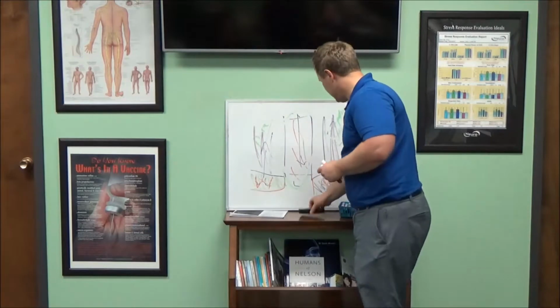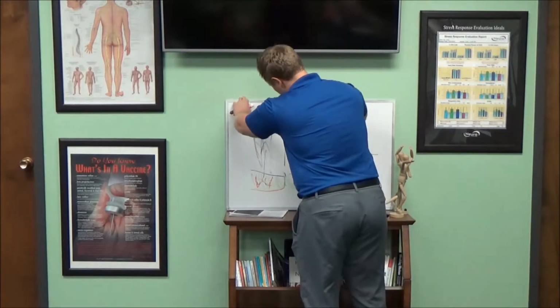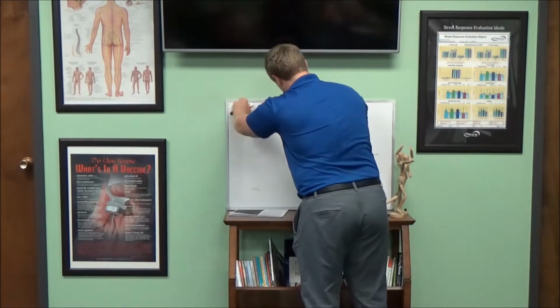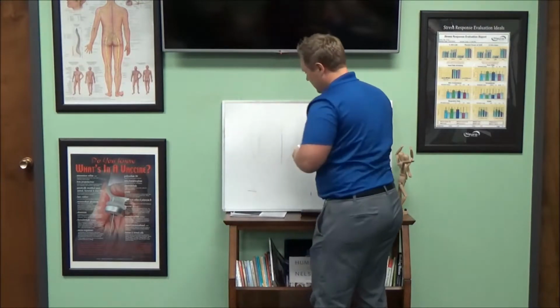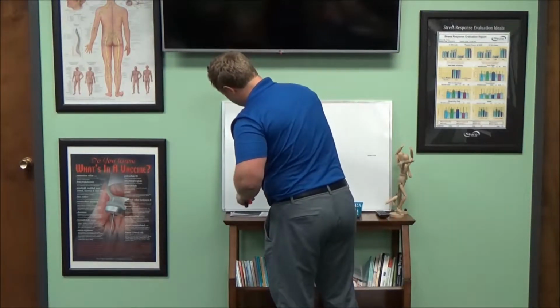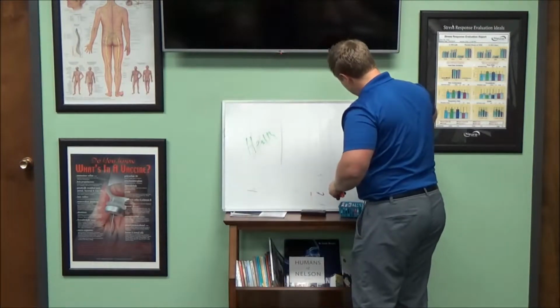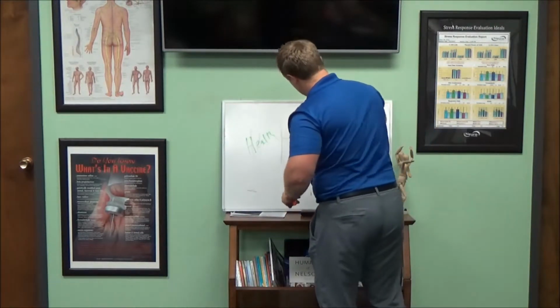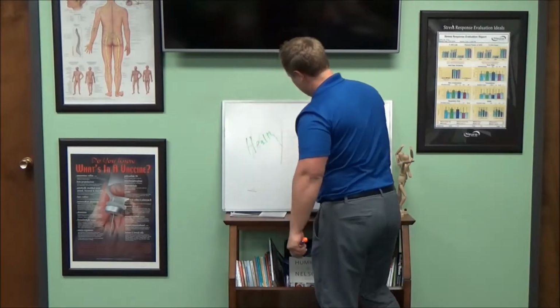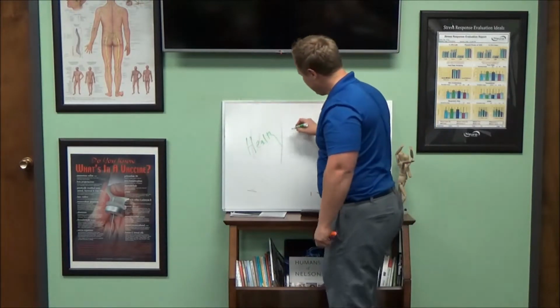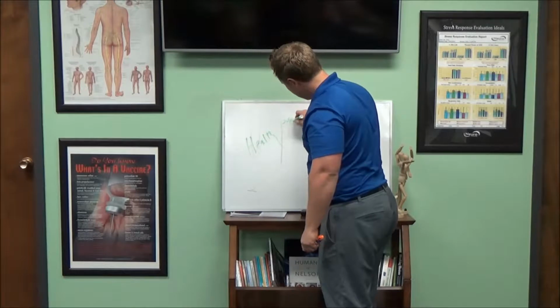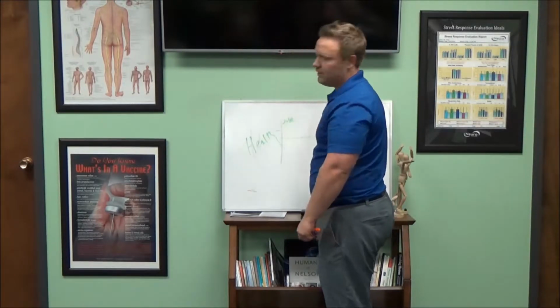In chiropractic, there's a continuum of how healthy or sick you are. How it works is you have health here, and you have death here. And right here you have ease, that's going to lead to health.